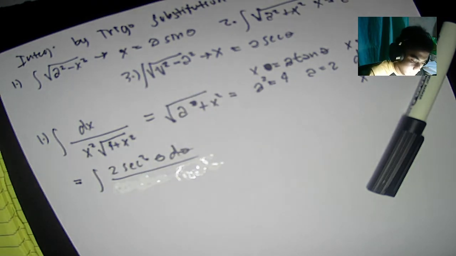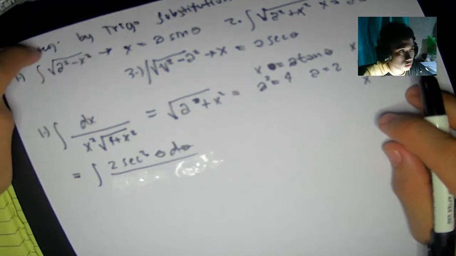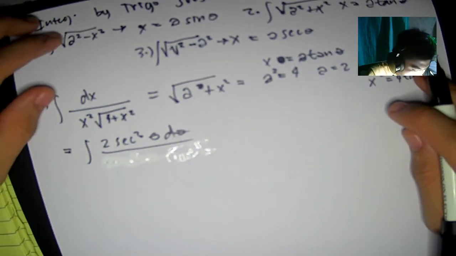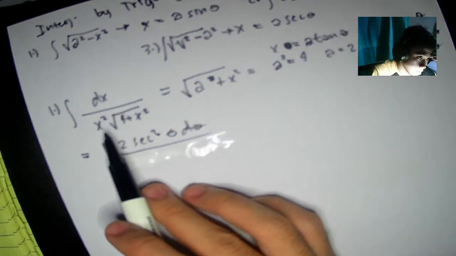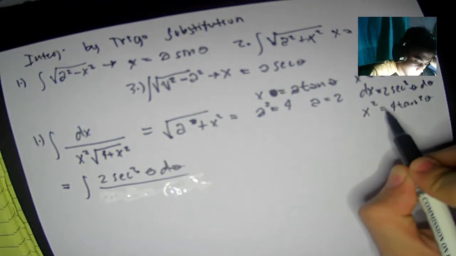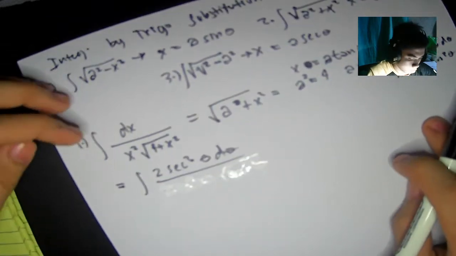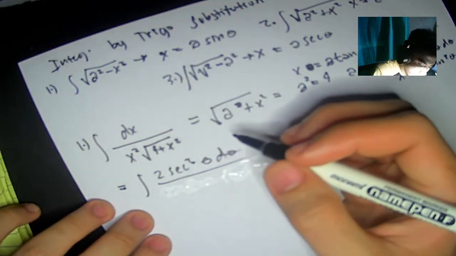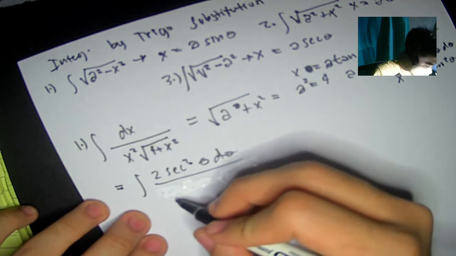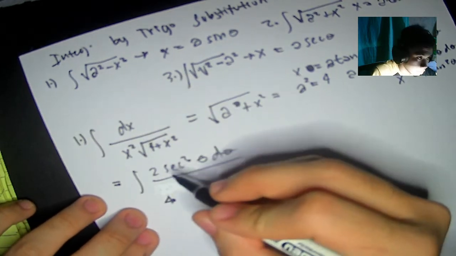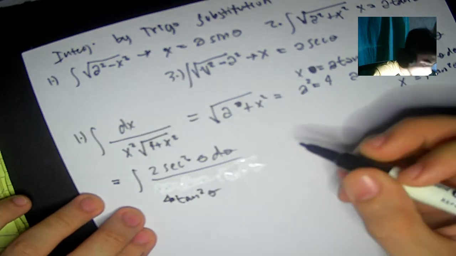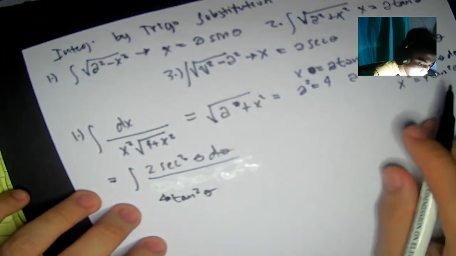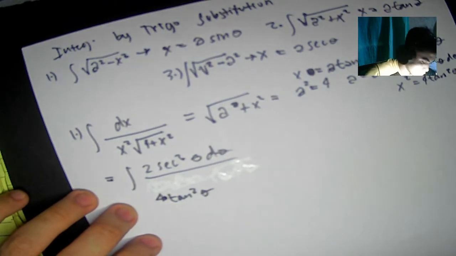So what we should have here is the x squared. From this, x squared should be 4 tangent squared. So I'll just put here 4 over 4 tan squared theta multiplied by 4x.